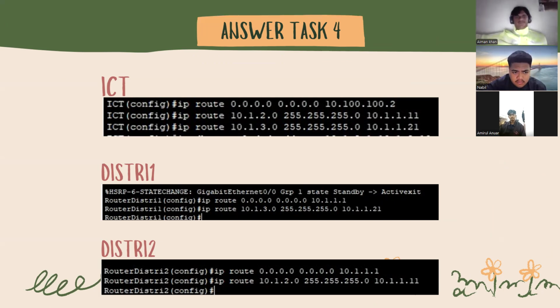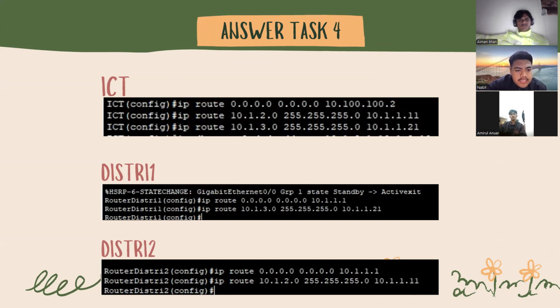So the third and last IP route for ICT is 10.1.3.0. The subnet mask is 255.255.255.0, and the next IP is 10.1.1.21.